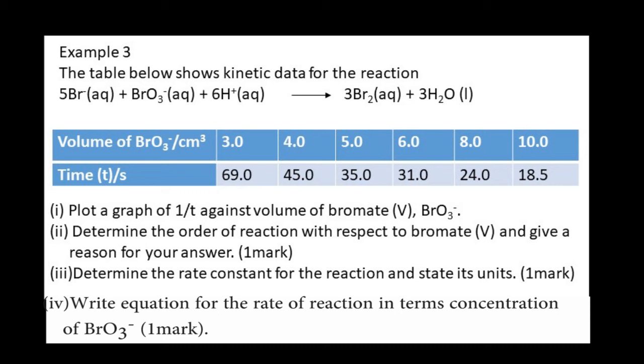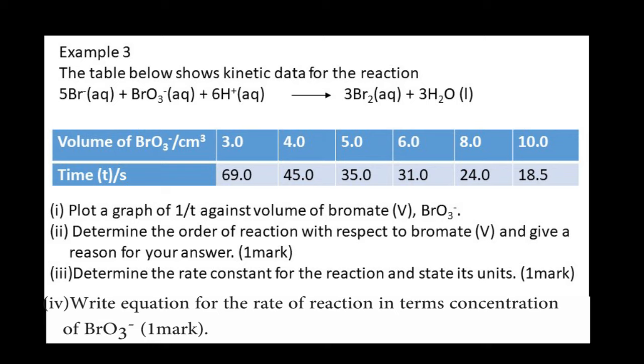Example 3. The table below shows kinetic data for the reaction of bromide plus bromate in acidic media. 1. Plot a graph of 1 over t against the volume of bromate 5. 2. Determine the order of reaction with respect to bromate 5 and give a reason for your answer. 3.